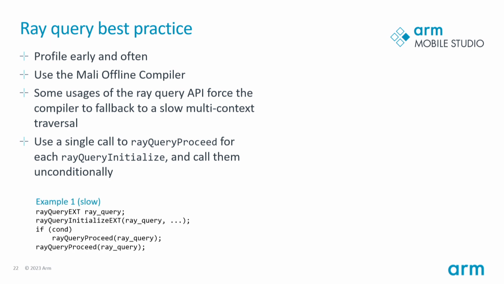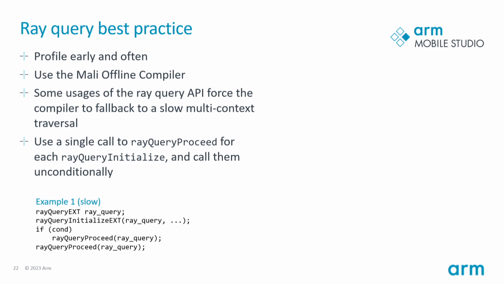So for instance, there are cases where the GPU cannot easily parallelize the ray traversal, and it is forced to use a slow traversal path. Our Mali GPU best practice developer guide, which I link at the end of this presentation, provides examples of which scenarios will cause this to happen.